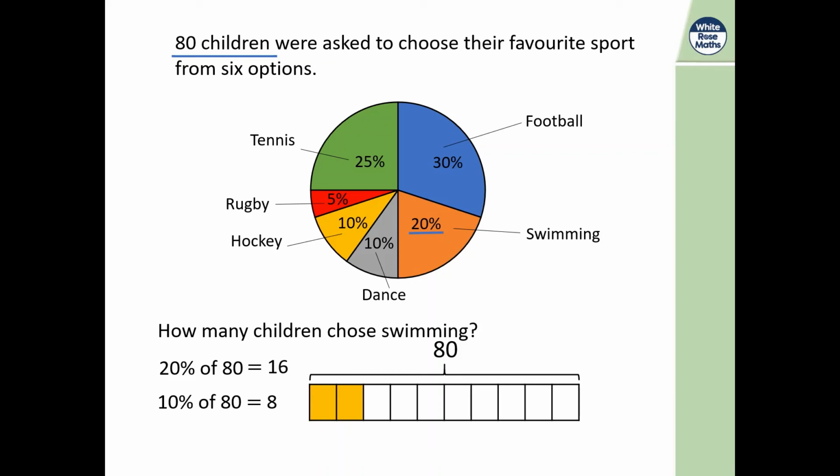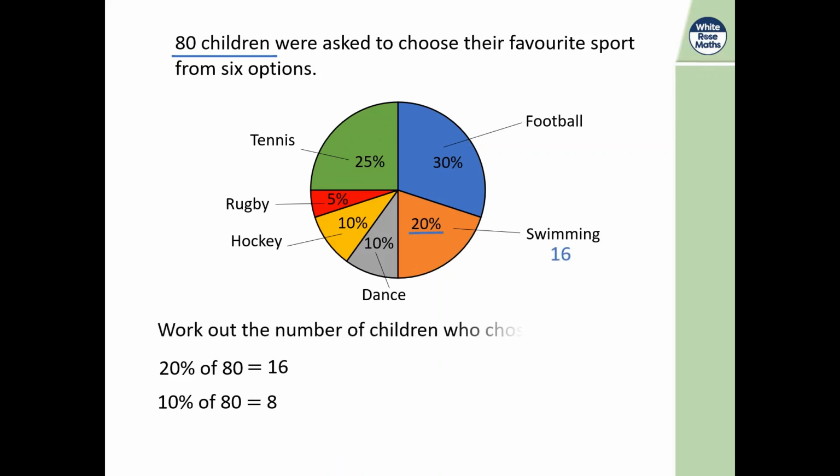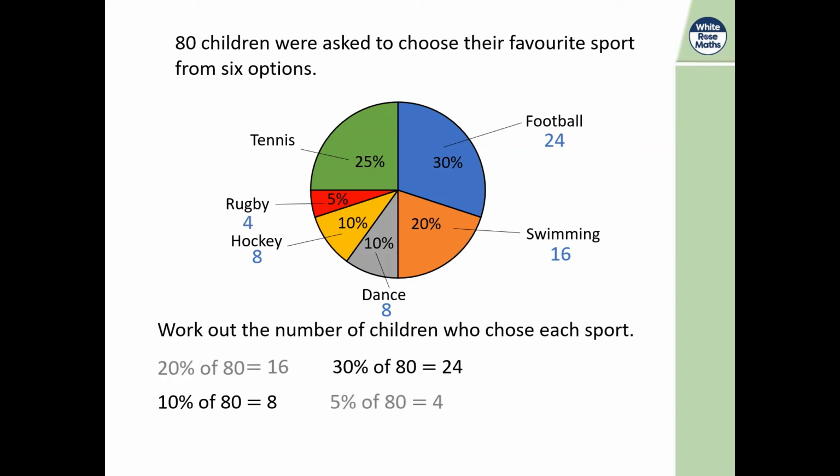With rugby, we would need to half this 10% because it is half the amount there. And then we're adding the 20 and the 5 together.